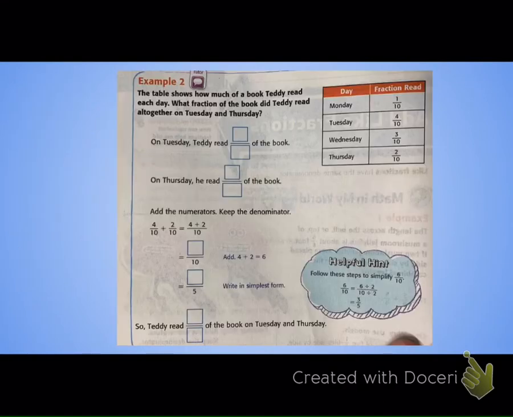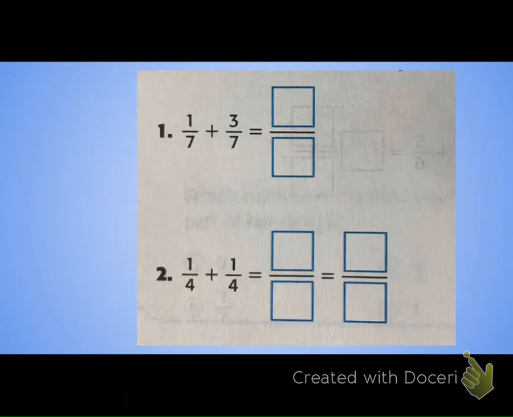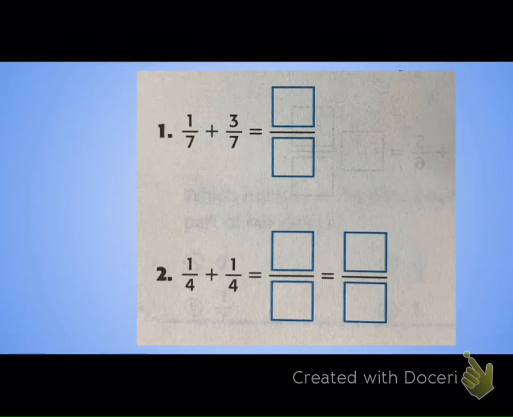All right, so let's continue on here. I don't want to skip that problem. I want to go over to this problem. So if we take a look at this problem here, the first problem is 1/7 plus 3/7. So the first thing I want to check is to make sure that we have common denominators. These are the same. They're both sevenths. We look at our operation. We are adding.